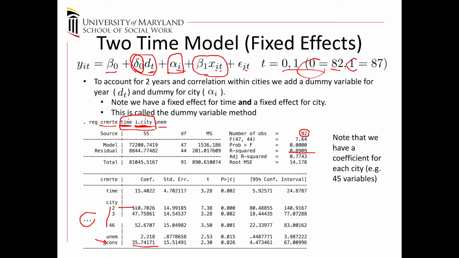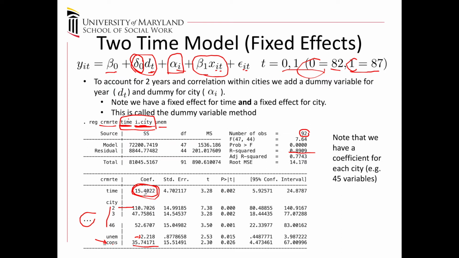So city 2 has a much higher crime rate than city 1, substantially higher. So for city 2 in 1982, the expected value of crime is 145 per 1,000 when unemployment is at 0. As we move to time 2, which is denoted 1, which is 1987, we have to add 15 units.